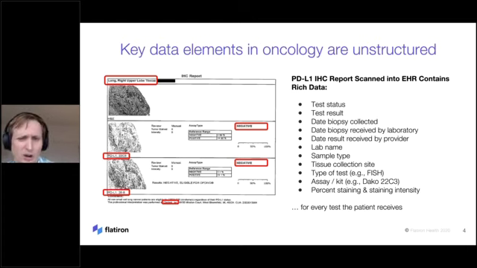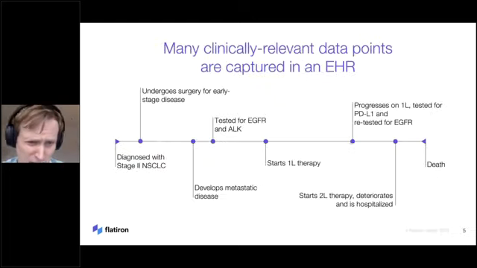On its own, it would be very difficult to use. You might have to conduct an ad hoc chart review or some other time-consuming process. These are some of the variables that we would put into a table that would allow researchers to use them for analysis. Again, most of these clinical data points are captured in the EHR.